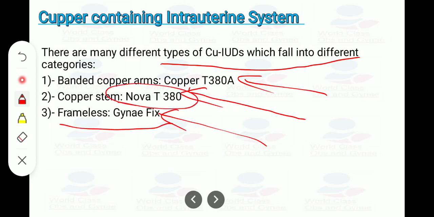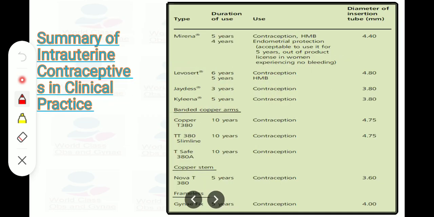So these are certain intrauterine contraceptives in clinical practice, and here the durations and the uses are written: Mirena 5 years for contraception, 4 years for endometrial protection; Levosert 6 years for contraception, 5 years for HMB; Jaydess used for 3 years for contraception; Kyleena used for 5 years for contraception. So only Mirena and Levosert can be used for HMB as well as contraception purposes.